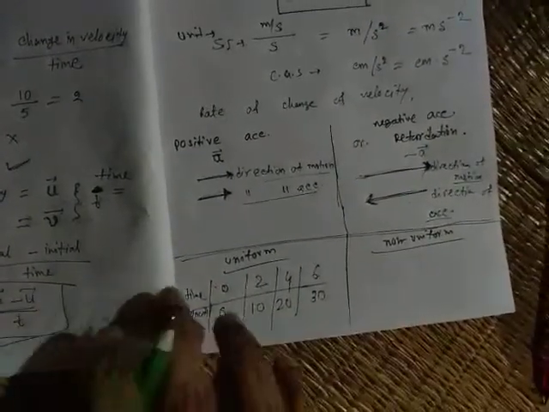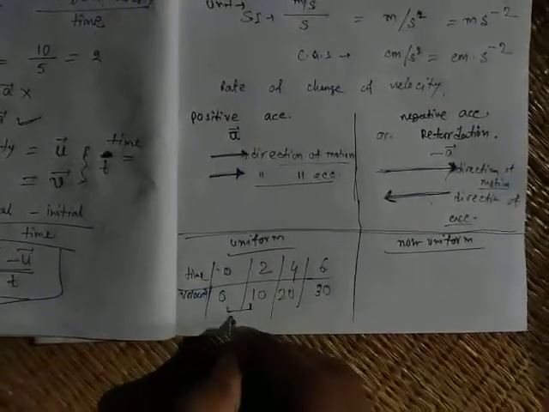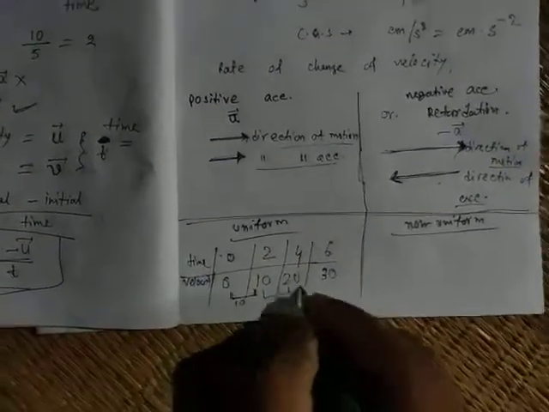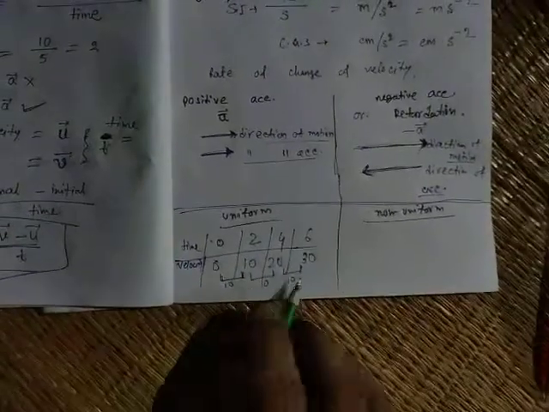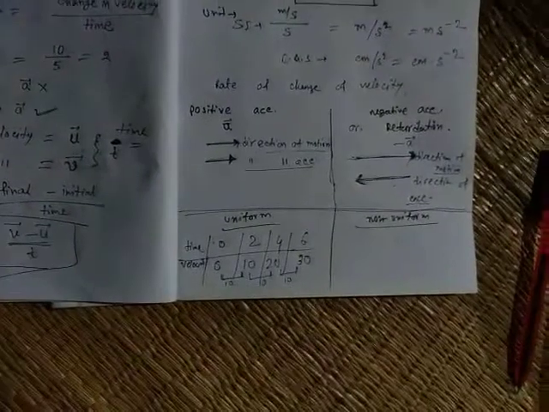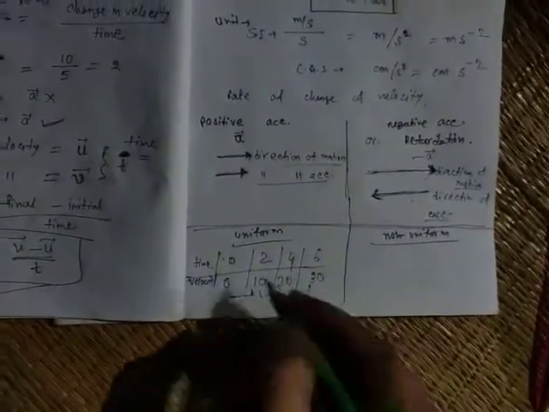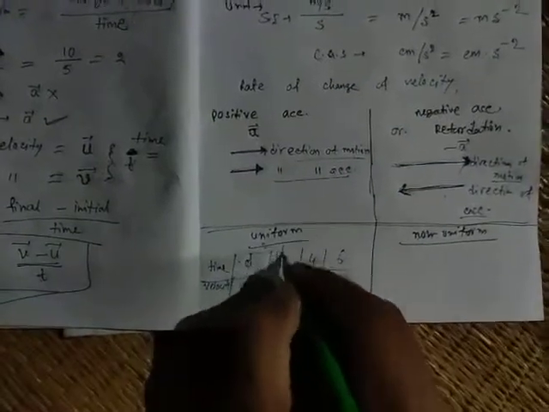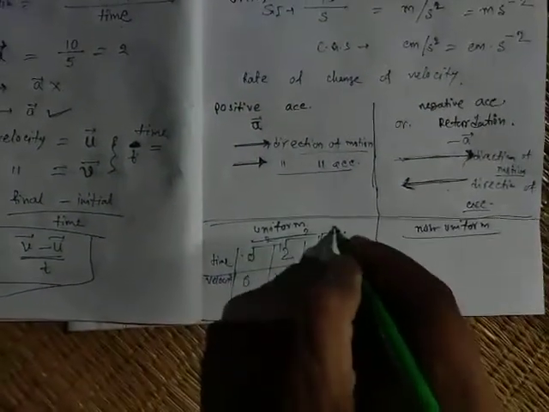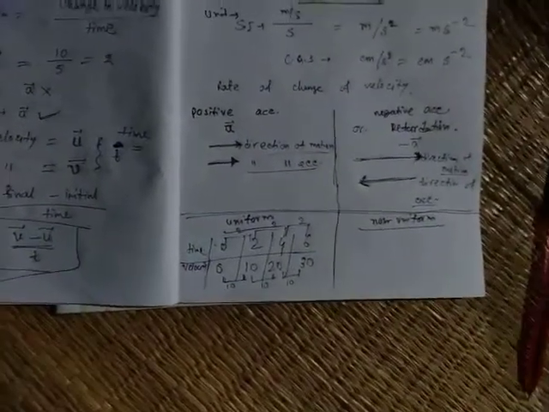That means the time intervals are equal. Now come to the velocity. The velocity changes by 10, 10, 10. That means the change in velocity is also the same each time. So velocity changes equally in equal intervals of time. These kinds of acceleration are called uniform acceleration.